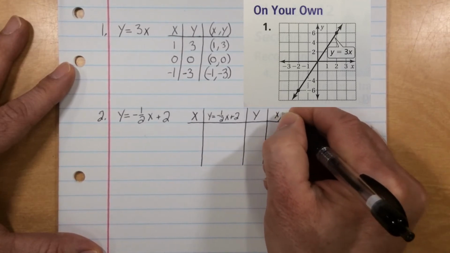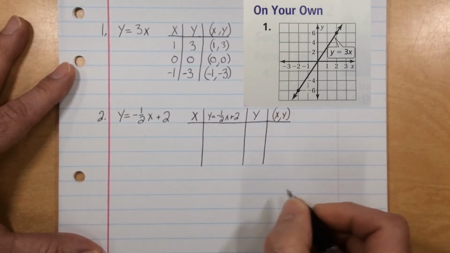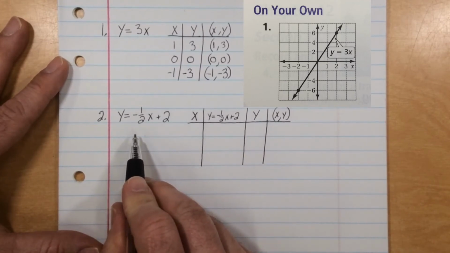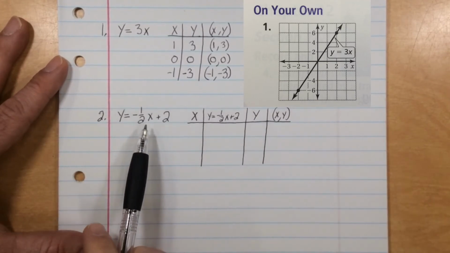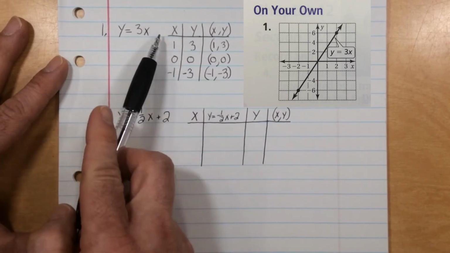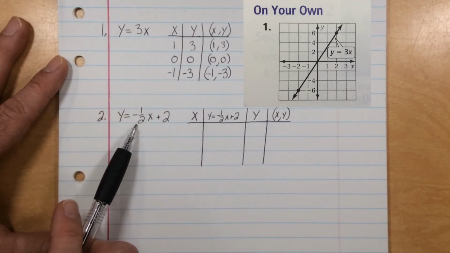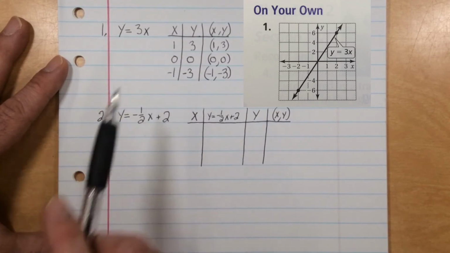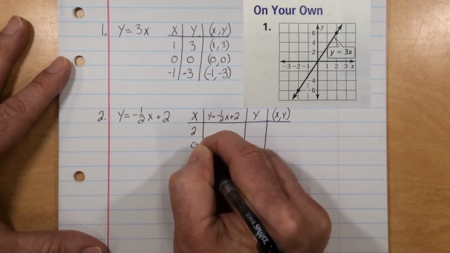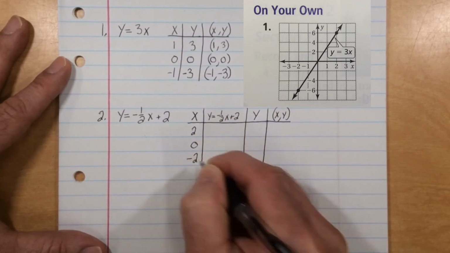So x, y. So again, we're going to pick some nice easy values for x to put in here. The first thing we're going to do with any x value I see is we're going to take a half of it. So I'm not going to use 1 because then that would give me a fraction. So I'm going to use even numbers to try to make this easier. So we'll try 2, 0, negative 2.